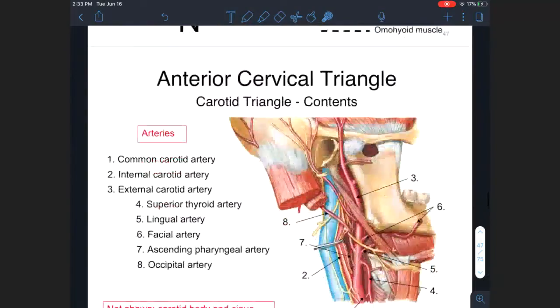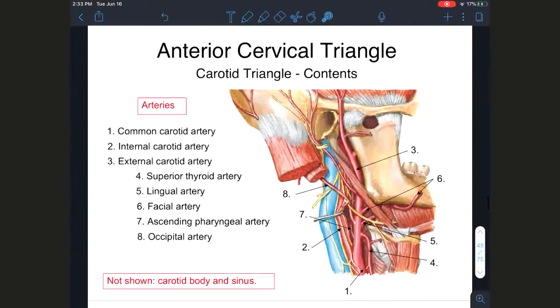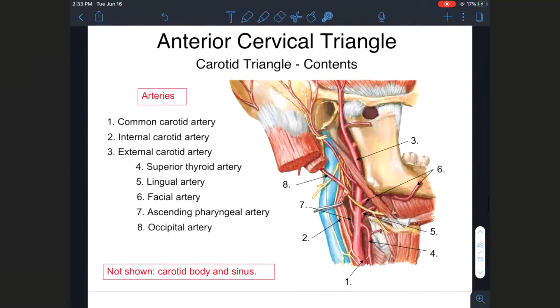They asked, what should we do when it comes to arteries? Basically, you want to go through and see how they're labeled here and know what branch comes off when.